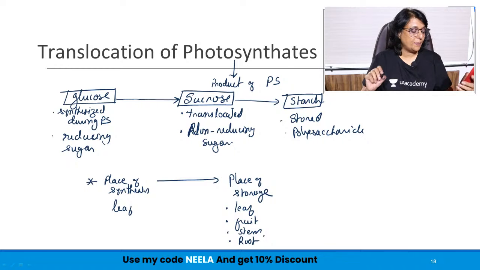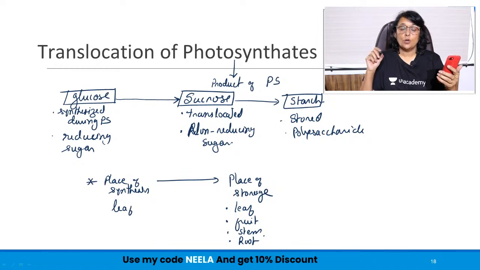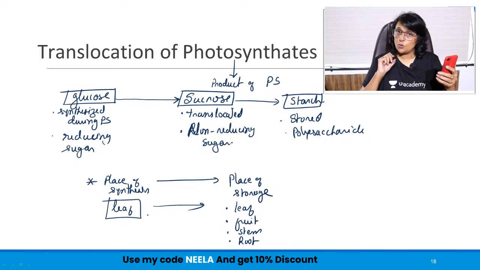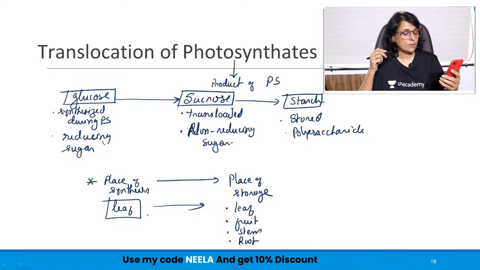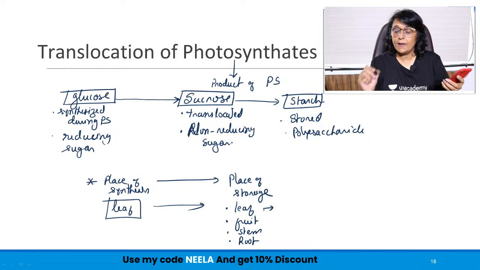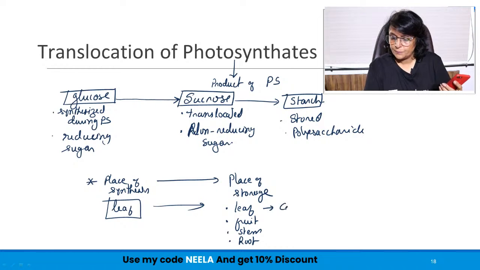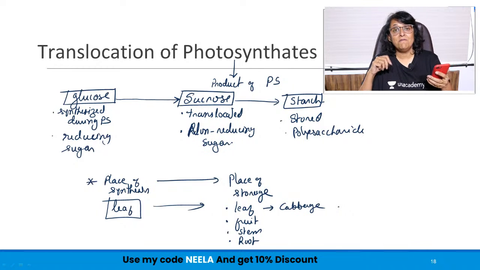What exactly happens here? So we are talking about place of synthesis, that is from leaf. When it is sent to the place of storage, that process is called translocation. And depending upon the plant, it can be stored anywhere. Like in which plant do you think that carbohydrate or the food which is synthesized is stored? In the leaf. Cabbage. And that is why we eat the leafy part of cabbage.